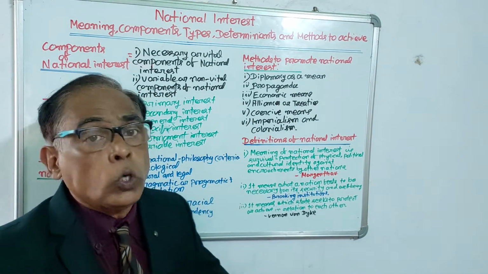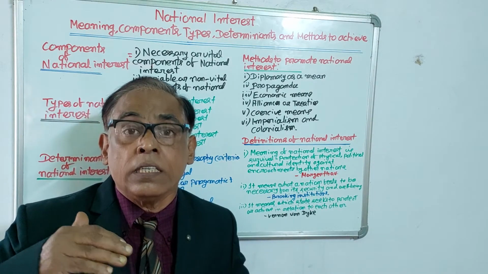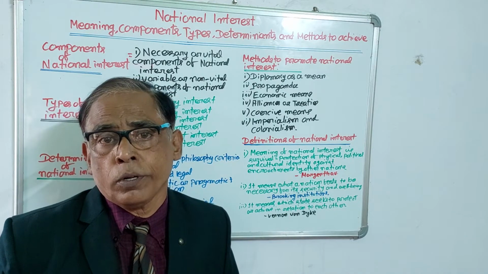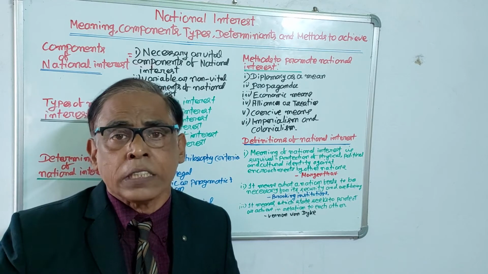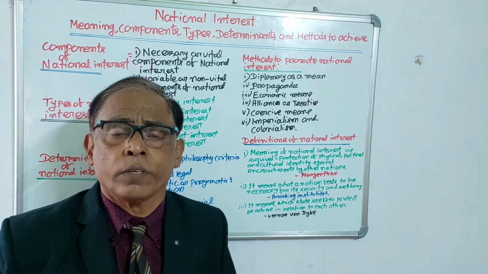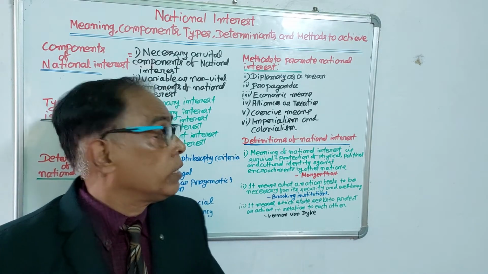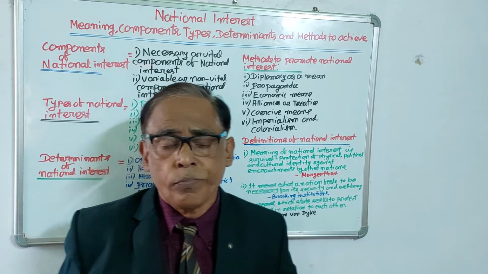And number five, coercive means. Sometimes a nation is declaring war against other nations. Sometimes a nation is putting restrictions in the trade of other nations. It is also a mean to secure national interest. Finally, imperialism and colonialism.